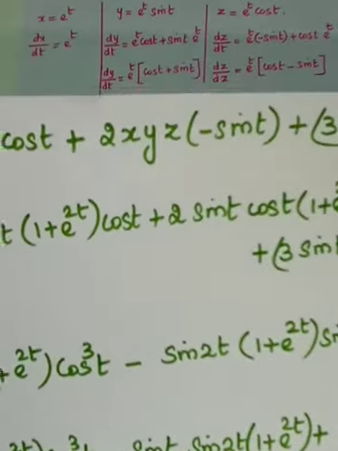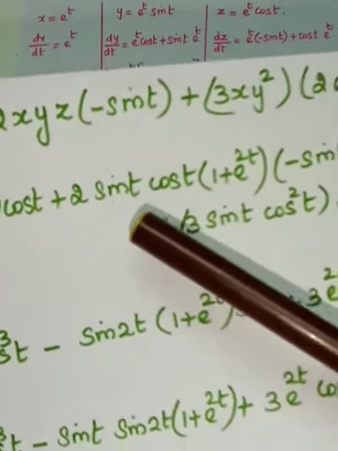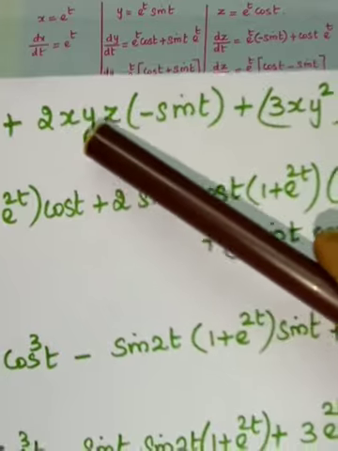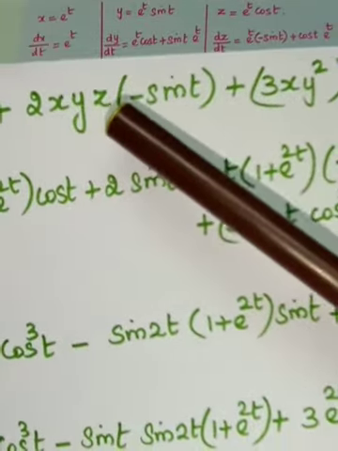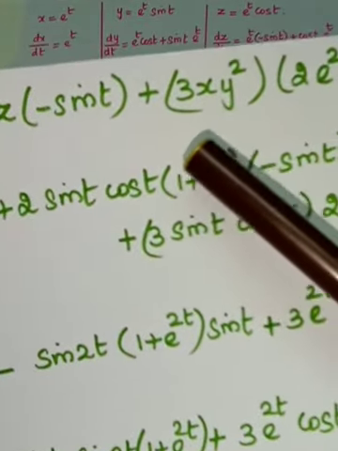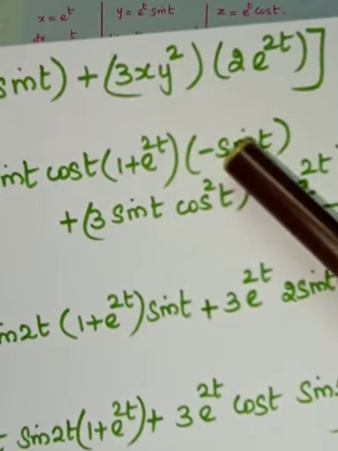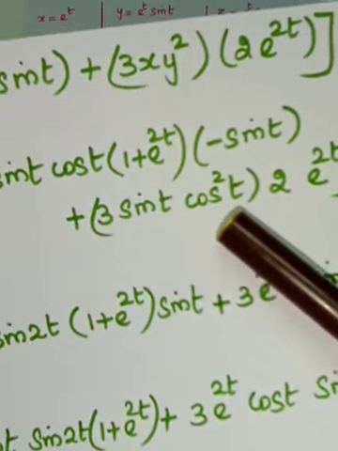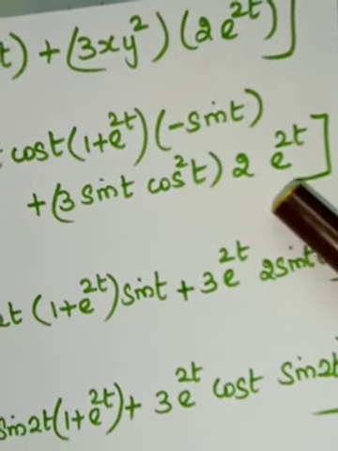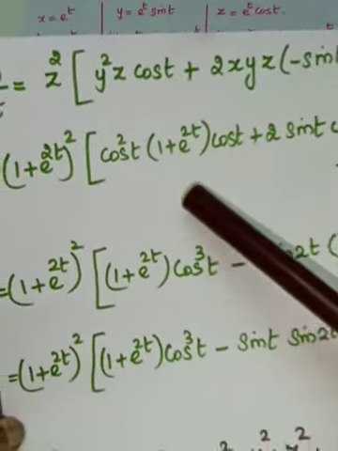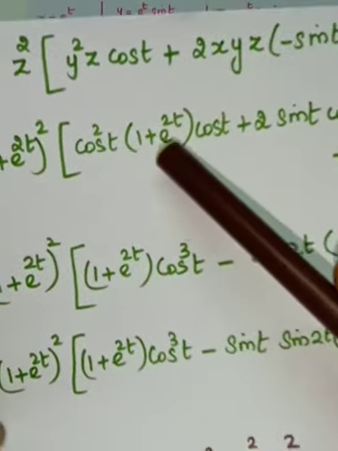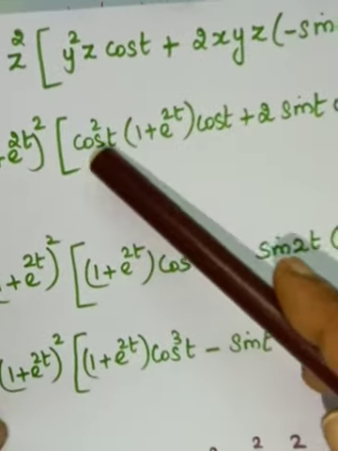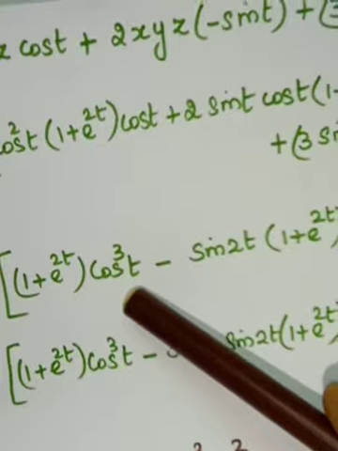So next one, 2xy. In the place of x, what is substituted? sin t. In the place of y, cos t. In the place of z, (1 + e^(2t)) into −sin t. So in the place of x, sin t, in the place of y, cos t, so cos² t into 2e^(2t). Look at the first term. It is (1 + e^(2t)) into cos² t into cos t, which is cos³ t. Okay.